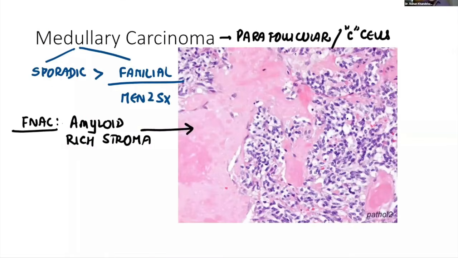Medullary carcinoma thyroid arises from the parafollicular or C cells. These cells secrete calcitonin, and it can either be sporadic or familial. The typical clinical scenario is a patient with a thyroid swelling. FNAC is done and reveals an amyloid-rich stroma. These are the key words you need to listen to.